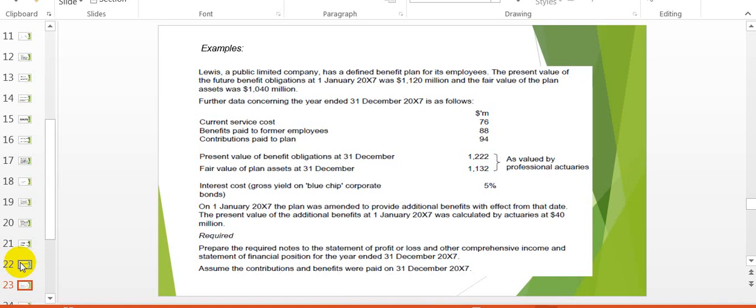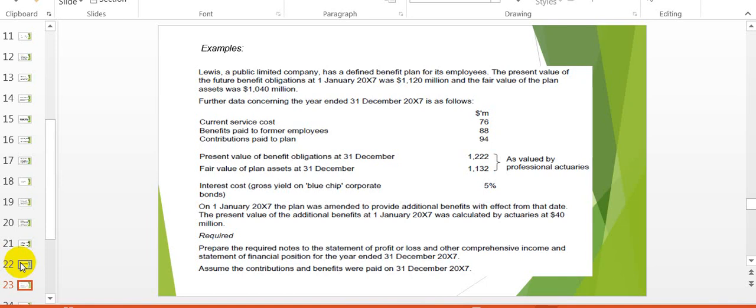You are given further data concerning the year ended as follows: current service costs, benefits paid to former employees, contribution paid to the plan. Then you are given the present value of the benefit obligation at the end of the year and the fair value of the planned asset at the end of the year.